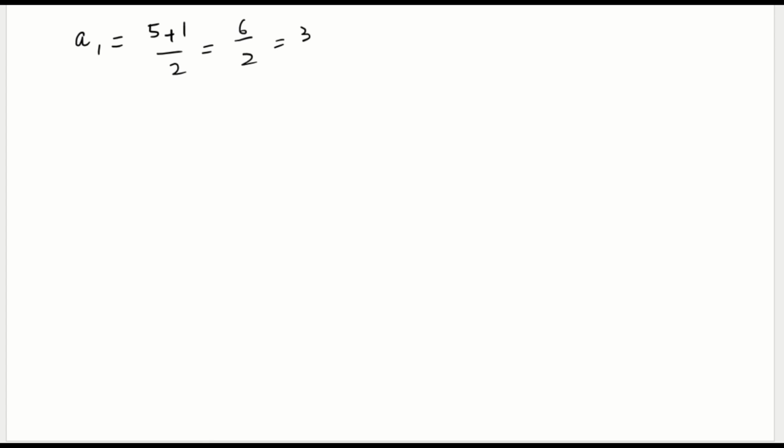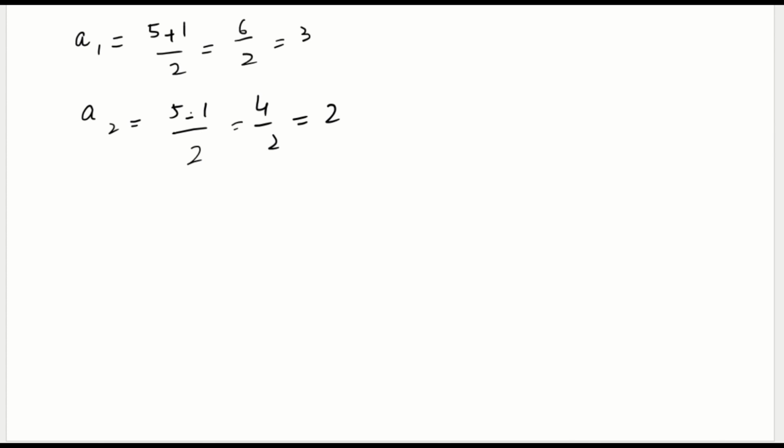And for the second value, a2 is equal to 5 minus 1 over 2, is equal to 4 over 2, is equal to 2.